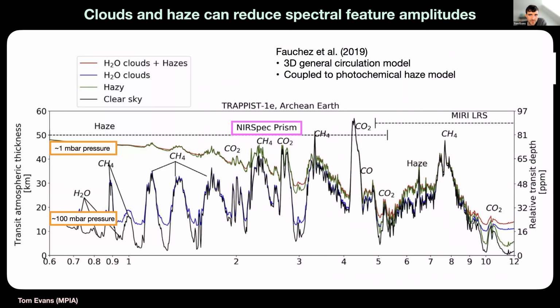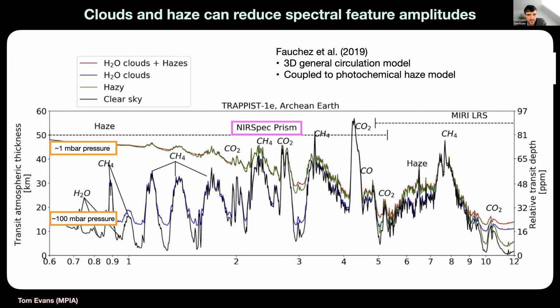And models of TRAPPIST-1e's atmosphere also suggest that photochemical haze could indeed form. So here are some model transmission spectra for TRAPPIST-1e, assuming an Archean atmosphere from Thomas Fauchet's work.